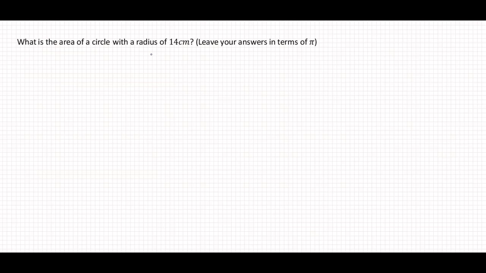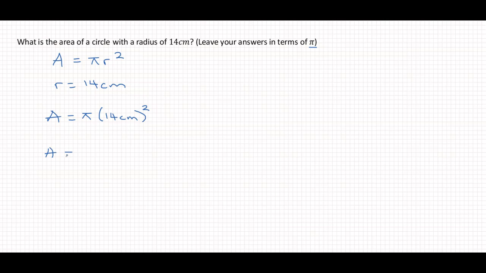What is the area of a circle with a radius of 14 centimeters? And it says let's leave our answers in terms of pi. So I like to always start every math problem, if I know the equation, by writing out the equation, pi r squared. So here, r is equal to 14 centimeters. So now our area is going to be pi multiplied by 14 centimeters squared.